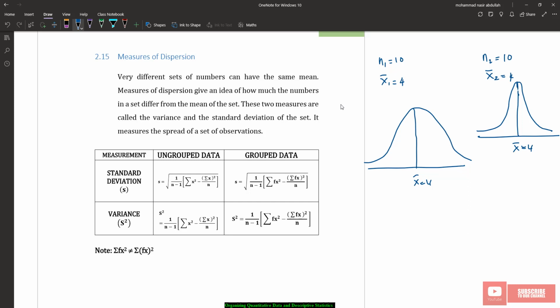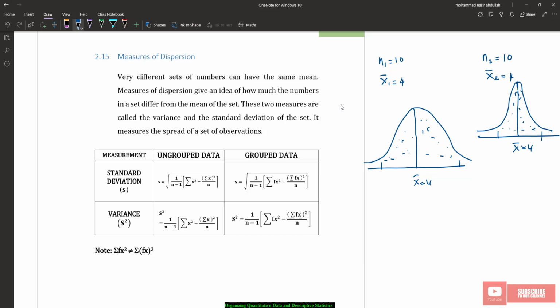Dekat sini kalau kita tengok, the data is spread around the mean, right? And this data also spreads around the mean. But kita tengok dekat sini, the minimum value and the maximum value are different compared to this data, right? So that's why we need to have a standard deviation to know the difference between these two distributions, right?